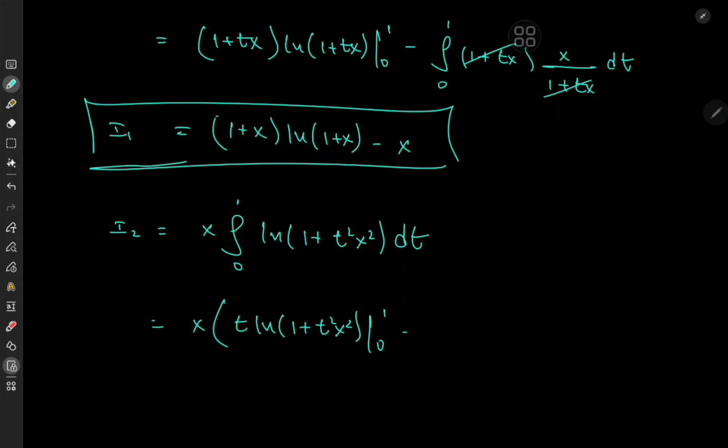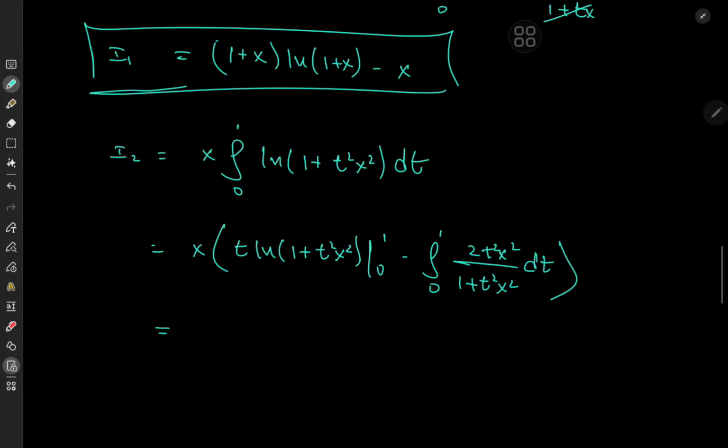Well, they're not half bad anyway. Minus the integral from 0 to 1 of t times 2tx squared up top over 1 plus t squared x squared dt. And that's quite nice because t and t combine to form t squared. Okay, cool.